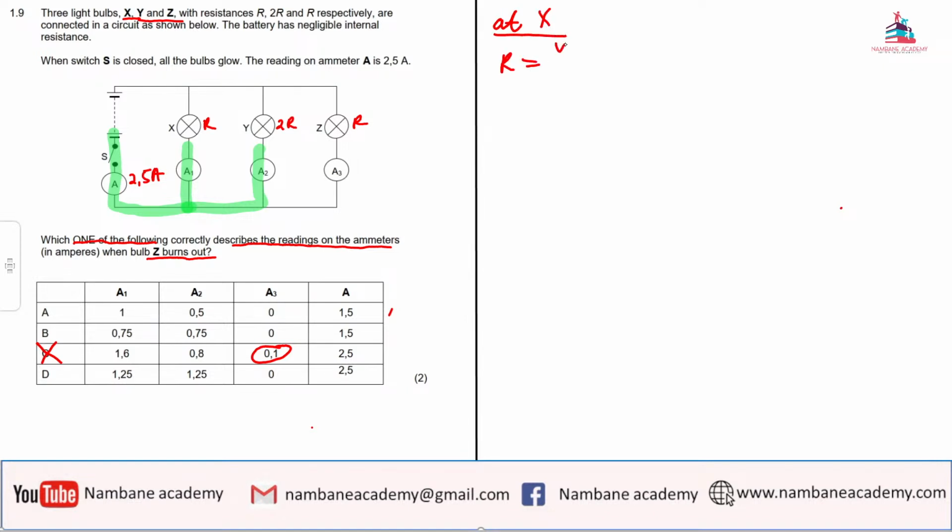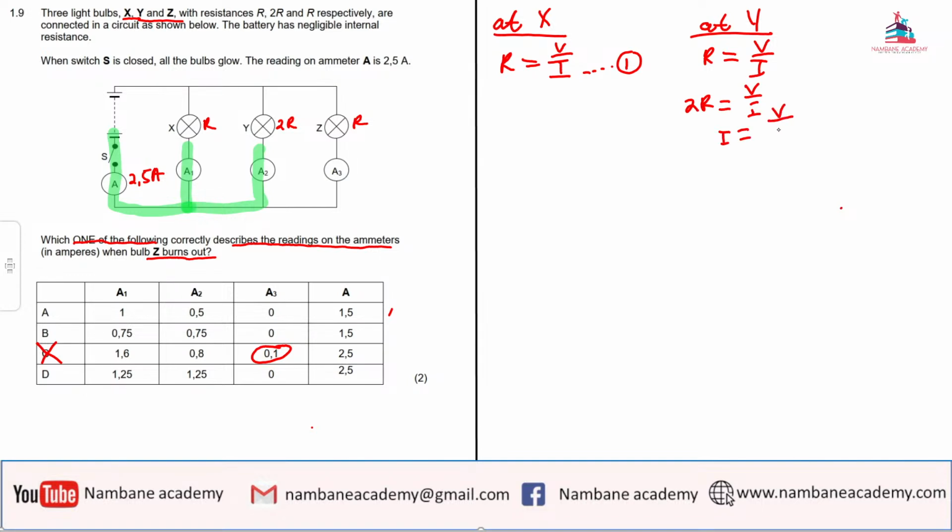R is equal to V over I, and I make this equation 1. And now I am at Y. R is equal to V over I, but I am told that this is 2R, so 2R equals V over I. I make I the subject of the formula.